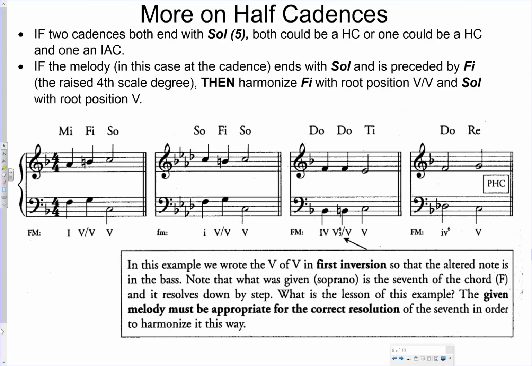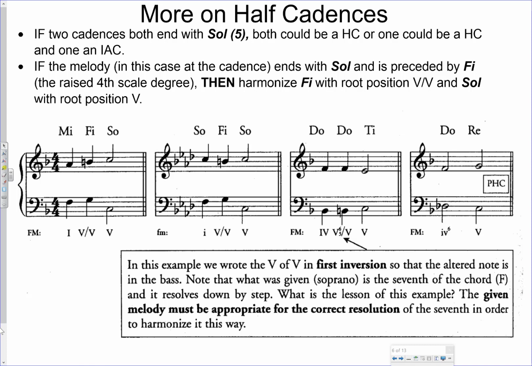Here's some more on half cadences. If two cadences both end with Sol, which is the 5th scale degree, both cadences could be a half cadence, or one could be a half cadence, and one could be an imperfect authentic cadence.